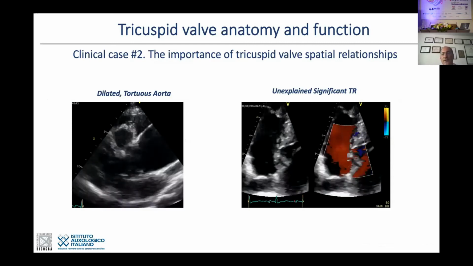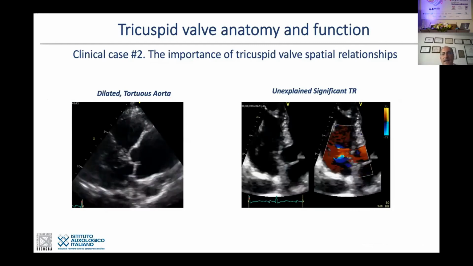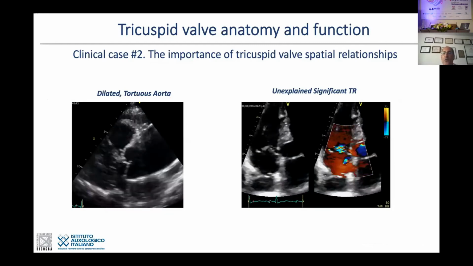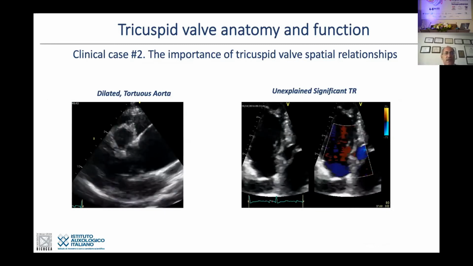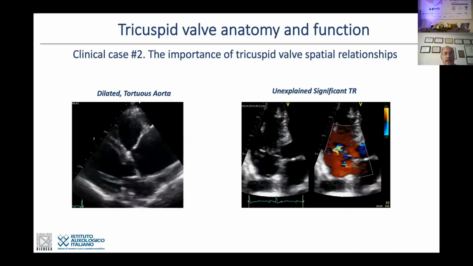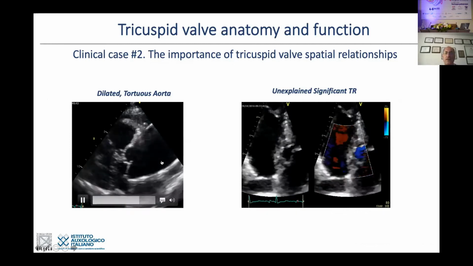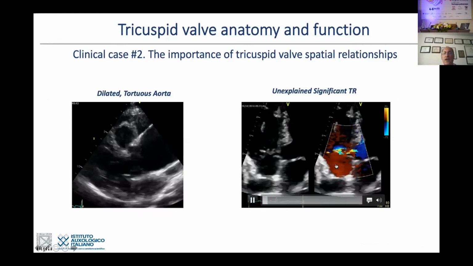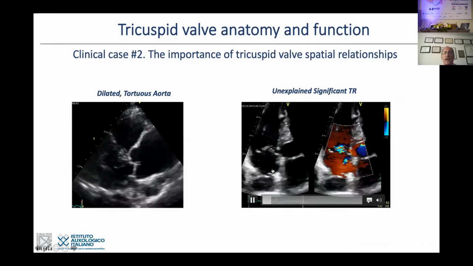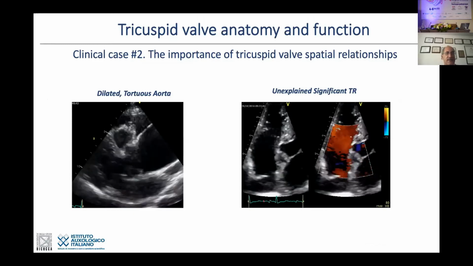And also with the 3D echocardiography, we understood many new etiologies, I would say, of tricuspid regurgitation. This is an older lady with the dilation of the ascending aorta and the aortic root that was found to have a significant tricuspid regurgitation without any detectable abnormality of the leaflets.